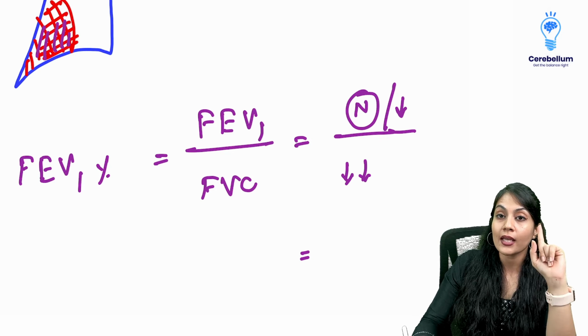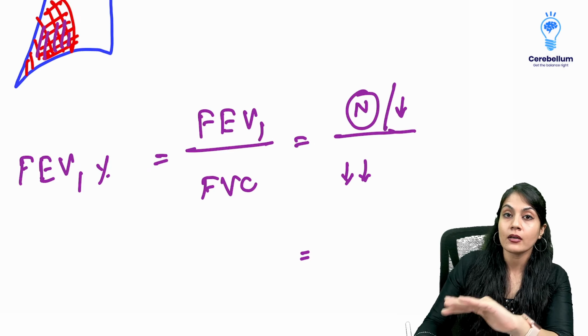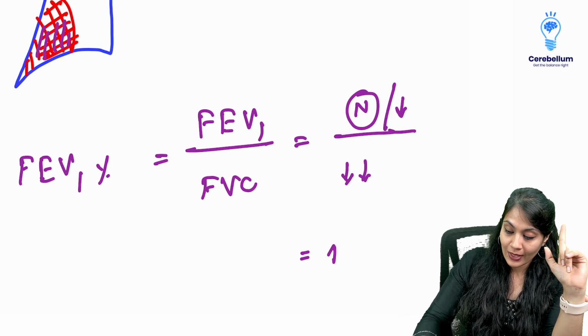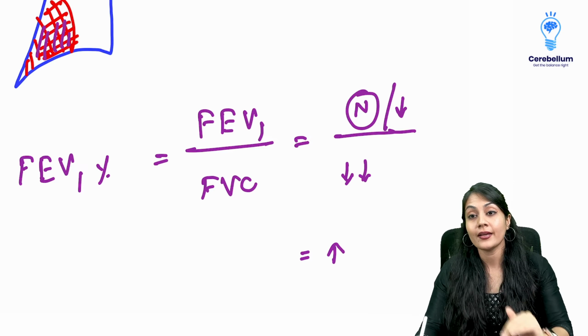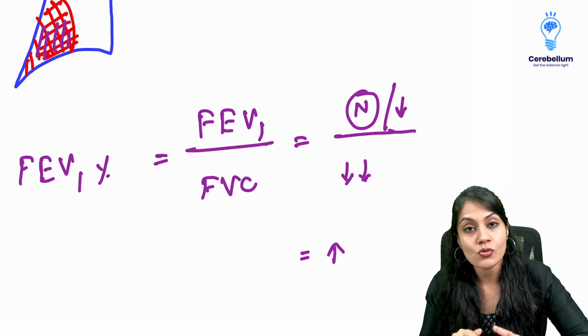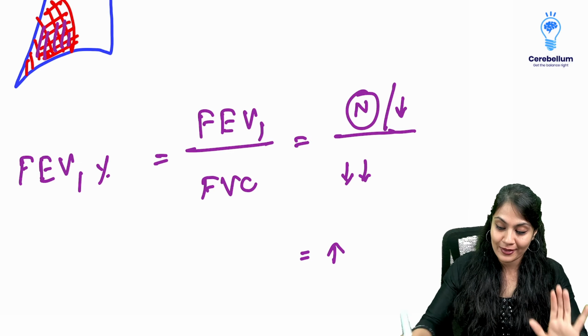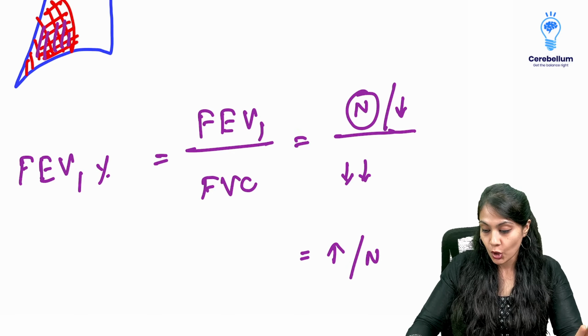The denominator is inversely proportional to the ratio, so if you decrease the denominator, the ratio will increase. If both FVC and FEV1 are decreasing, numerator and denominator both decreasing, the ratio will be normal.